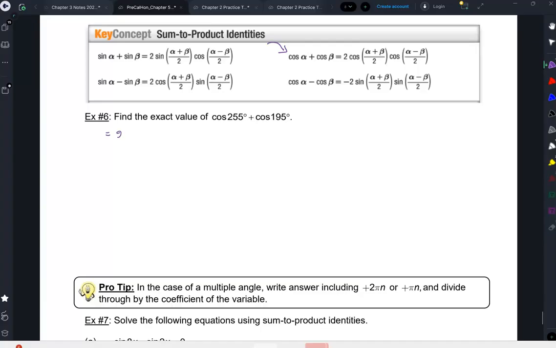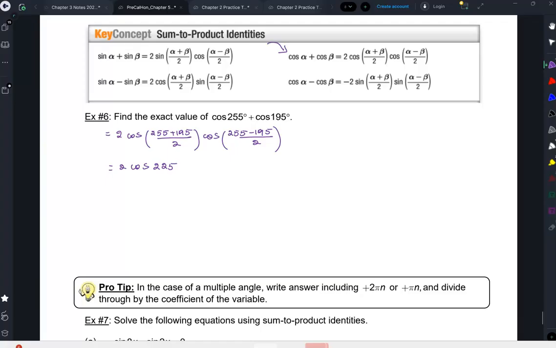So this is going to be 2 times cosine, you add them, divide by 2, and then cosine, you subtract them, divide by 2. So 2 cosine, right? When we add these, it's 450, and when you divide by 2, it's 2 cosine 225.